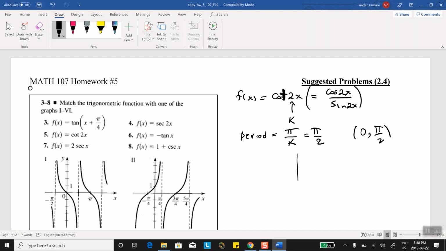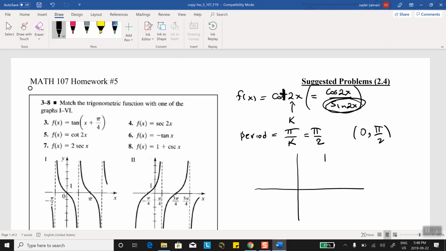So let's see. Let's go here. When the denominator is 0, this is the denominator. And that happens when x is 0, sine is 0. And when x is pi over 2, down in the denominator, you have sine of pi, which is also 0.